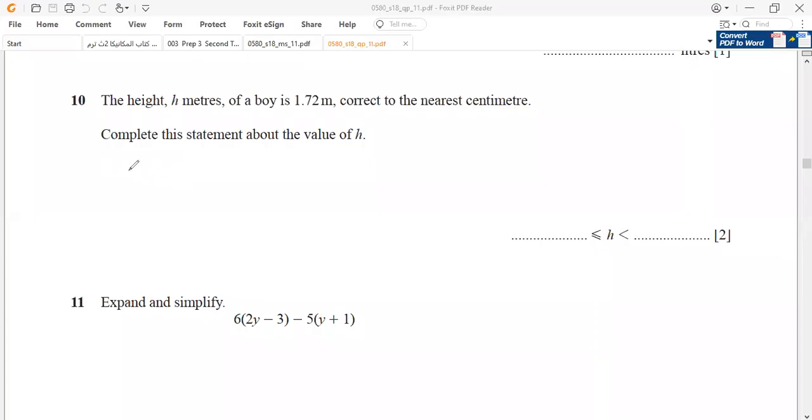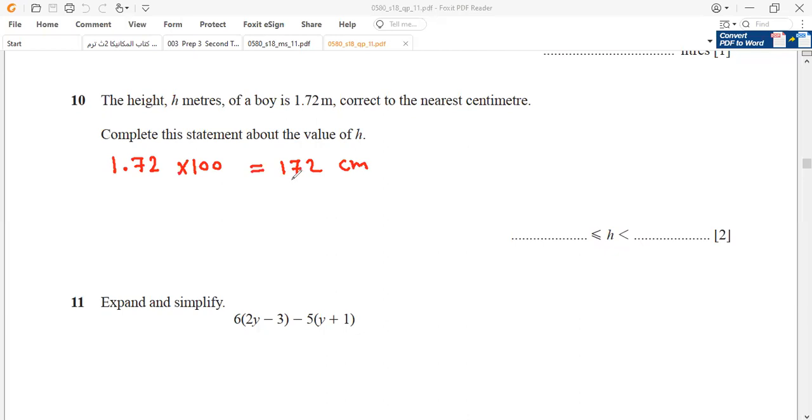We can convert this height from meters to centimeters. We can multiply by 100. We get 172 centimeters. That's correct to the nearest centimeter. So we are talking here about 1 centimeter. The half of 1 centimeter is 0.5 centimeters.